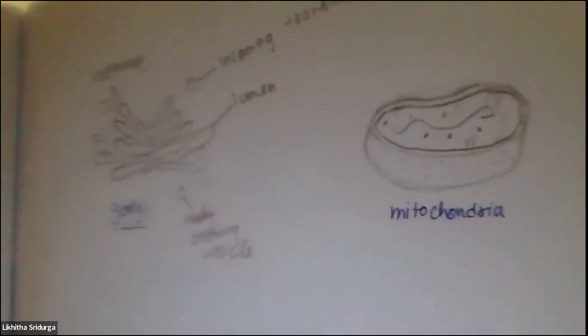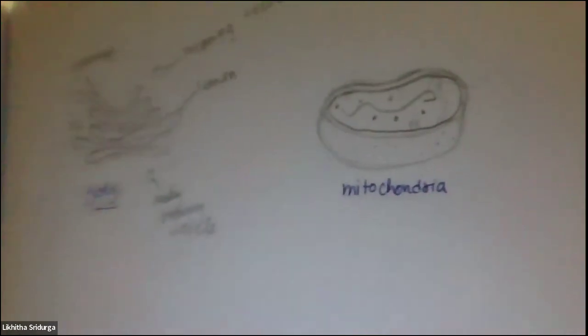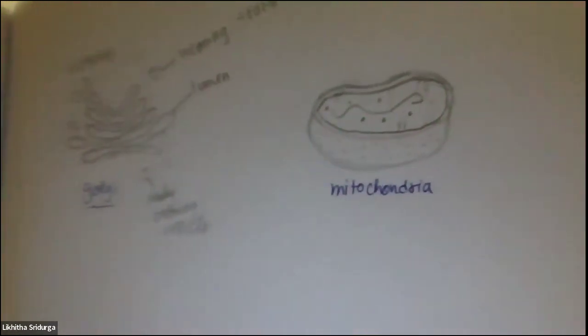Right, Likita? Mark the cis phase and trans phase in the Golgi body and show me the diagram of mitochondria again. You need to draw this mitochondria again, okay? Just make it in the folding form.